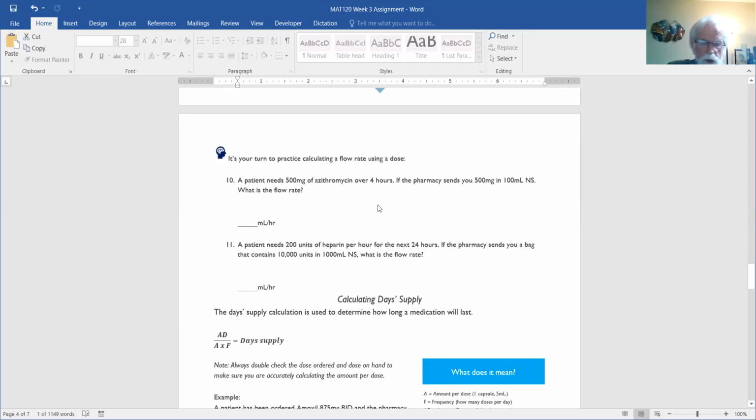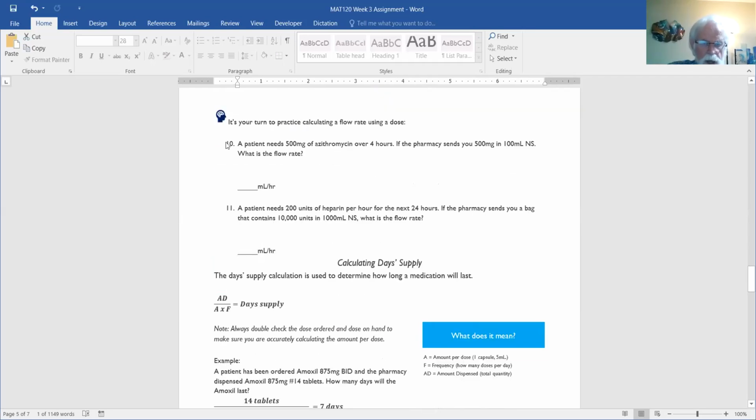Oh, you're welcome. So let's look at this particular problem. Let's just go through this. Patient is supposed to get 500 milligrams of azithromycin over 4 hours. The pharmacy sends you 500 milligrams in 100 milliliters of normal saline.